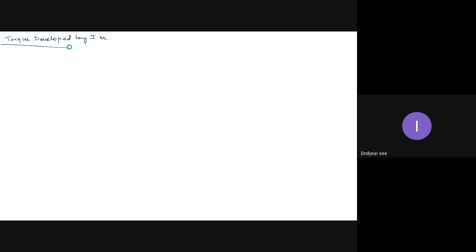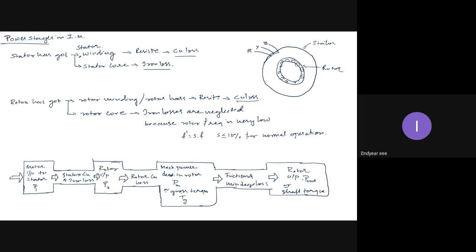Here we have seen the induction motor will develop a gross torque in the rotor. Until this point, the speed is ns, because the motor is at standstill. The motor starts rotating only when the friction and windage losses are overcome. Now here the motor is rotating.